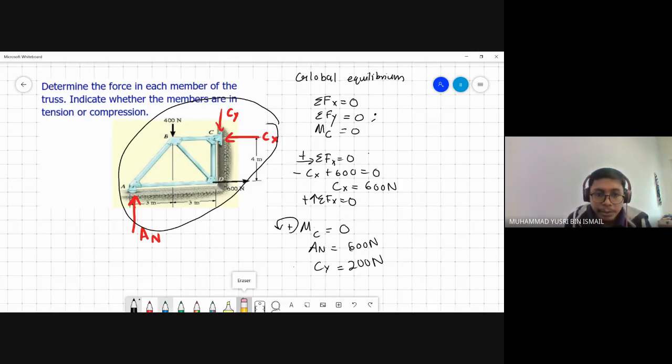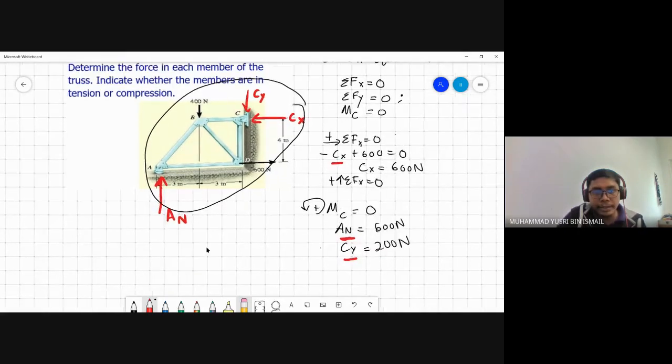You can calculate this using moment for AN, and then Cy and Cx. Like I said previously, you are using a global equilibrium. Now you have the information for Cy, Cx and AN.